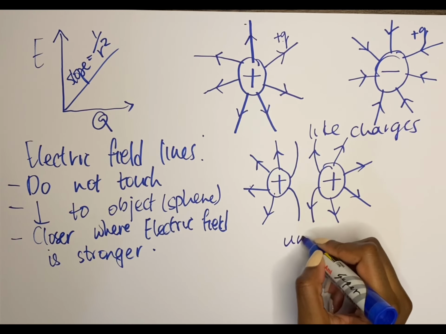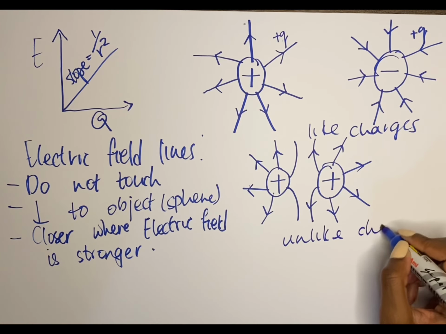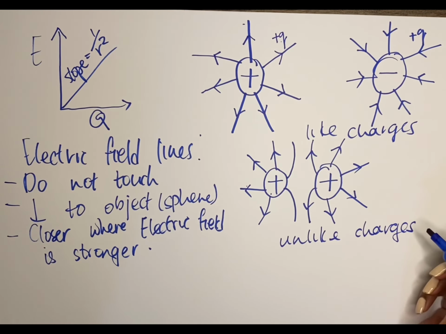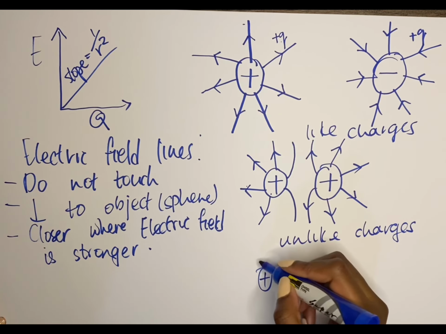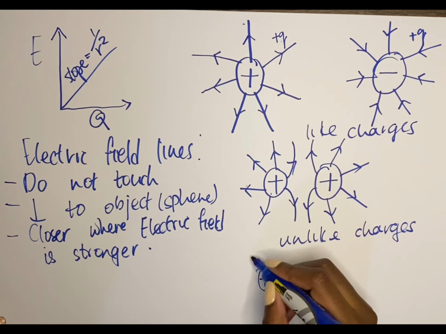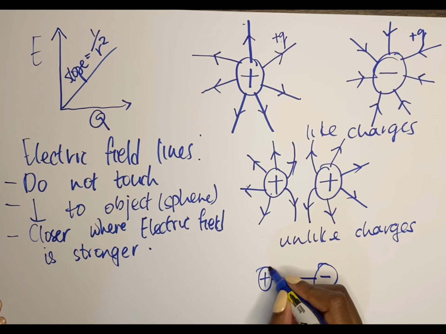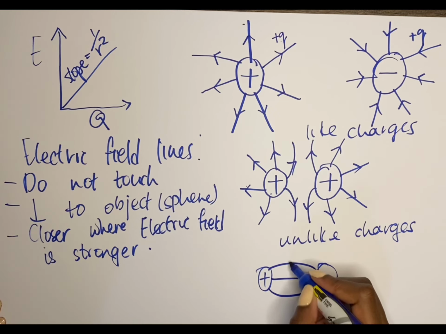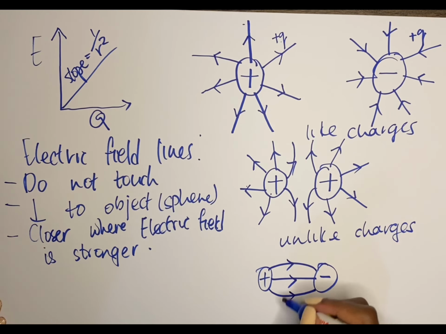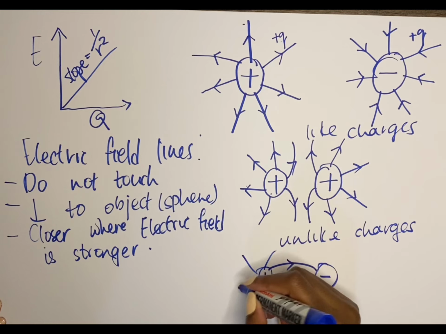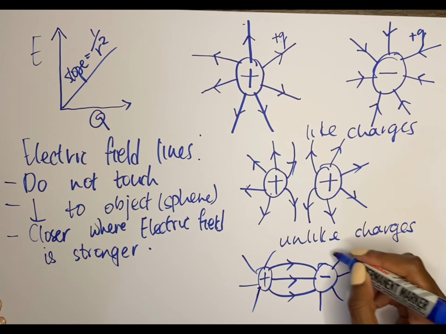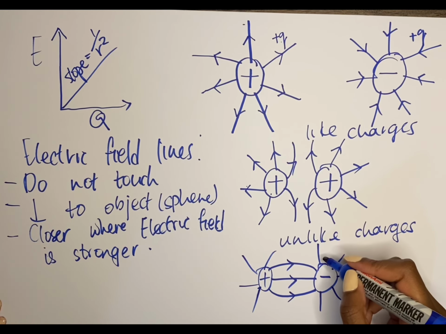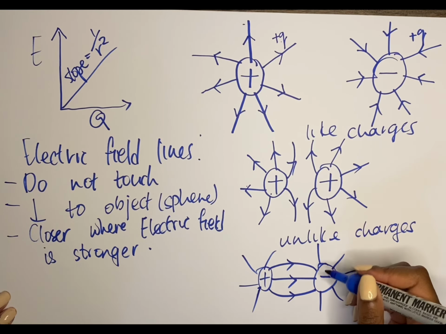Or I can be asked to draw the electric field pattern for unlike charges. Right? So these attract each other. And then the arrows always point from positive to negative, sorry.